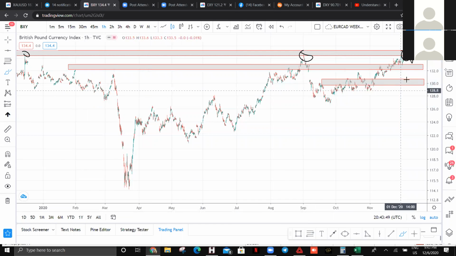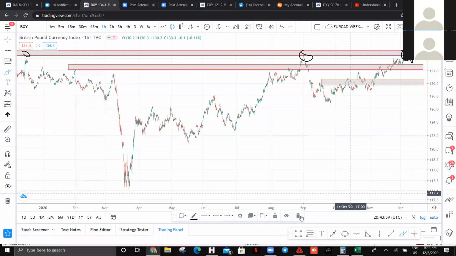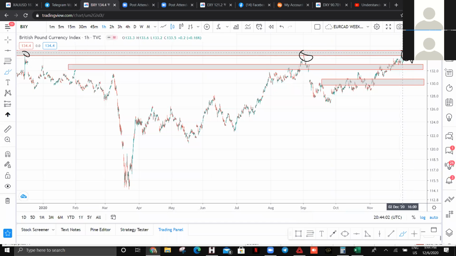But we can see that there's a resistance zone there, which you know that anytime price gets to a support zone or a resistance zone, it must surely respect it. That's one thing you should understand about price. If you can identify your zone and price gets there, price must respect that zone. So this zone here, I'm expecting price to react to it.